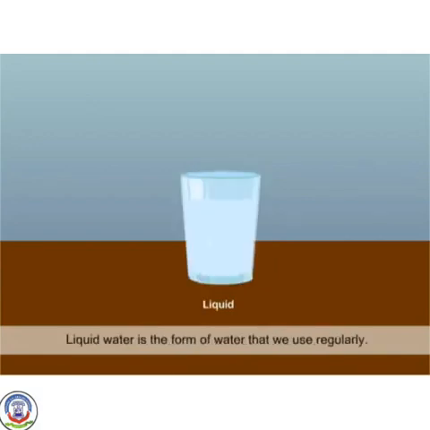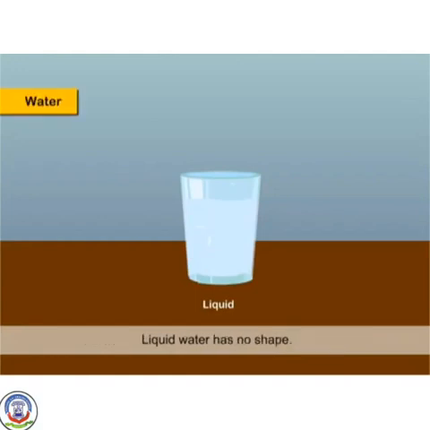Liquid water is the form of water that we use regularly. Liquid water has no shape. It takes the shape of any container in which it is filled. It can flow and can be filled in any container. Pure water has no color, smell, and taste. Gaseous form of water is the water vapor.